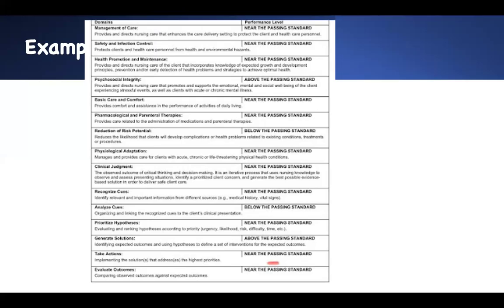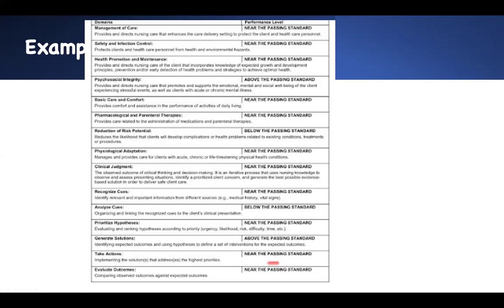Five, risk reduction, below passing. And then seven, physiological adaptation, near passing. Clinical judgment: recognizing cues, near passing; analyzing cues, below passing; prioritization, above passing; generating solutions, near passing; taking action, near passing; and then evaluation, near passing.